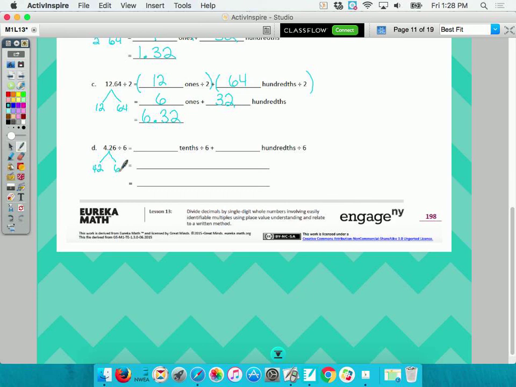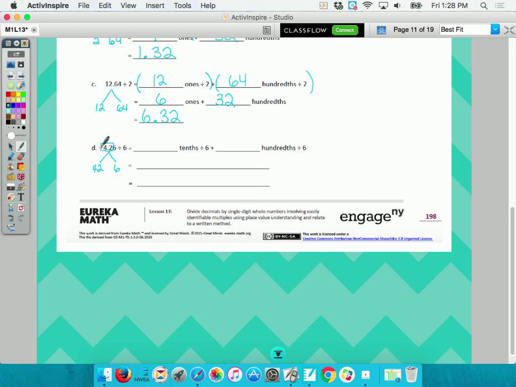Why did we choose to do 42 and 6 instead of 4 and 26? Daniel? Because it's in the tenths. Yeah, but why do we choose the tenths? Because the decimal is behind the 4. No? It has to do with my divisor. Will 6 divide evenly into 4 ones?